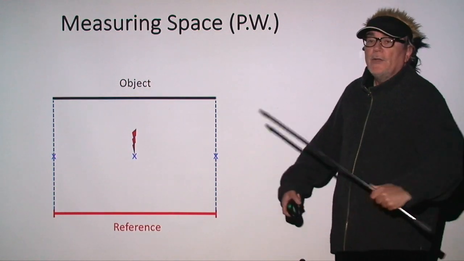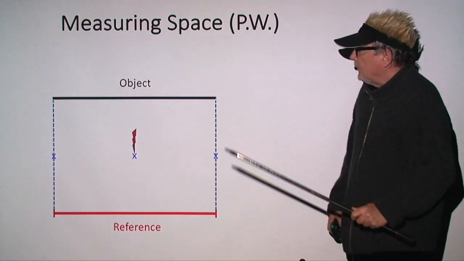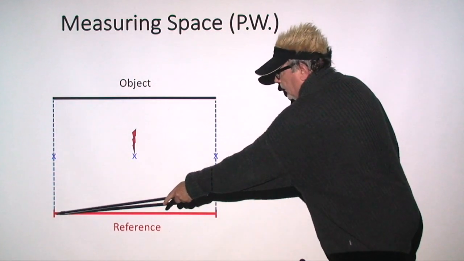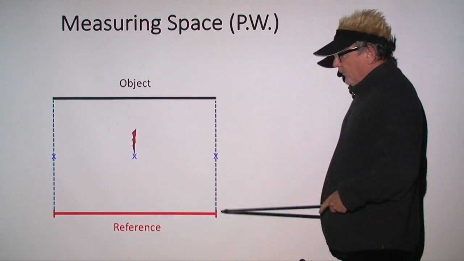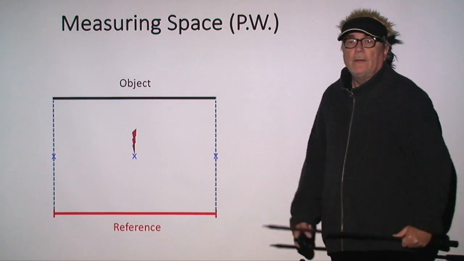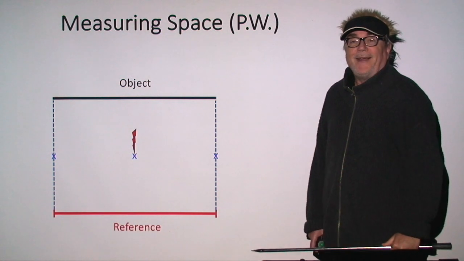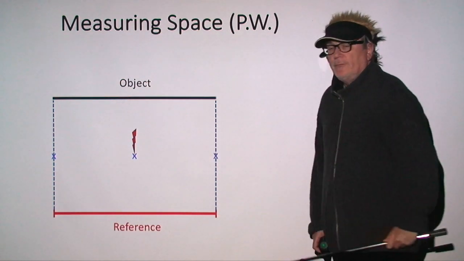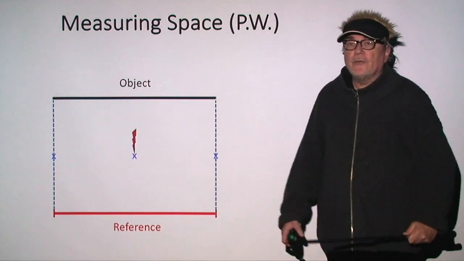And that's it. And that's how you measure space. Because, if you take this as the origin, for instance, then you can say the position in state here will define the reference unit. Okay? And then you can compare any object to that reference. And that's how you measure space.